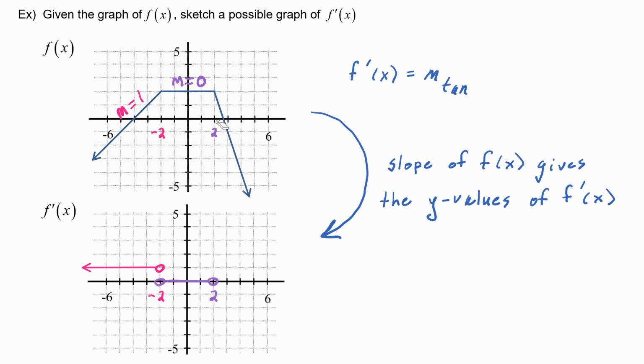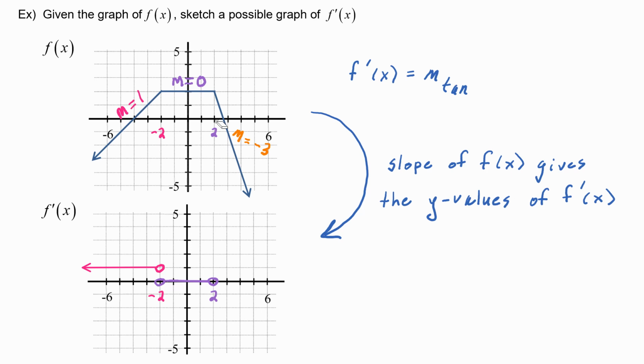Now from x equals 2 to x equals infinity, we can find the slope of this part of f. Looks like we go down 1, 2, 3, and over 1. So we can label this, the slope is negative 3. And once again, the slope of f of x gives the y values of f prime.